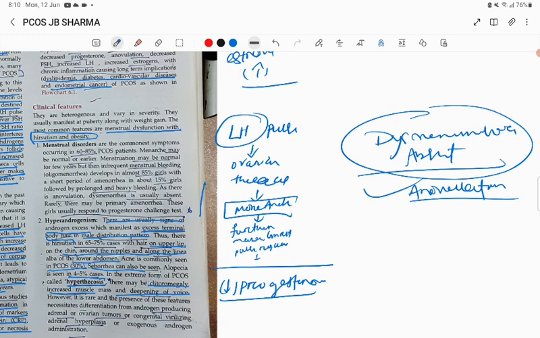These are the four differential diagnoses. If the patient has developed clitoromegaly and increased muscle mass, these are rare findings in PCOS, so you should go for other differential diagnoses.